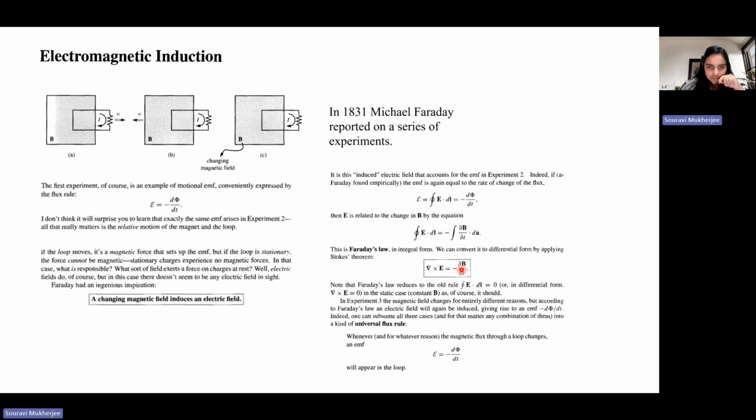Okay, so minus del B del t would result in an electric field, and which would satisfy this condition. Okay, so this led to another of Maxwell's equations. So this is one of the Maxwell's equations which now related electric and magnetic fields. Okay, this is a very important point. Changing magnetic field can induce electric field.